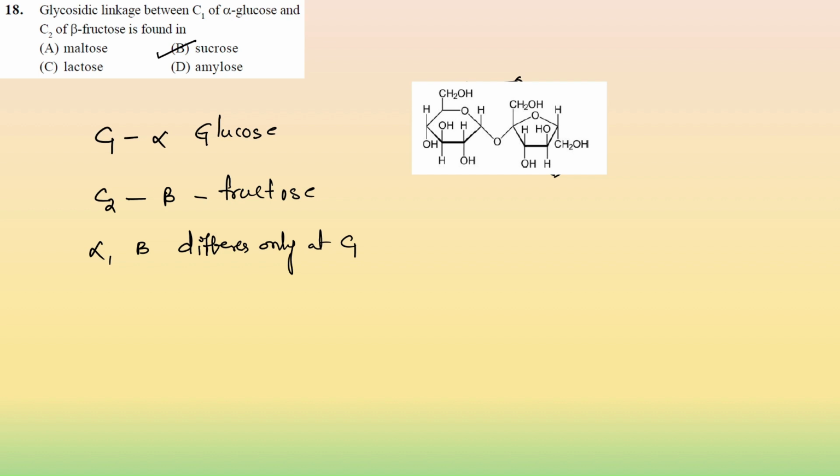C1 of alpha and C2 of beta linkages are present in sucrose, hence option B is correct.